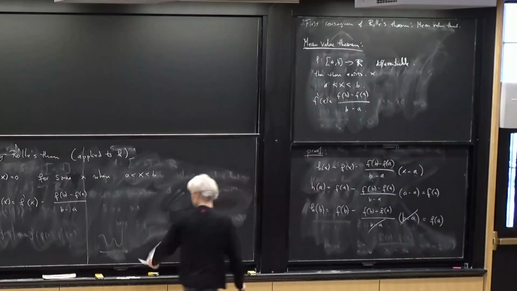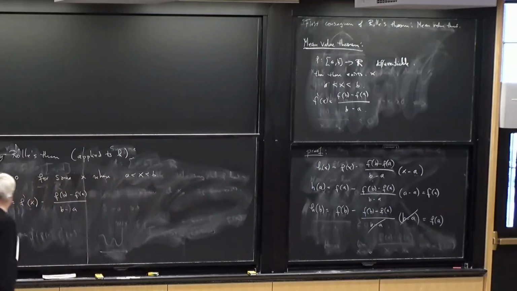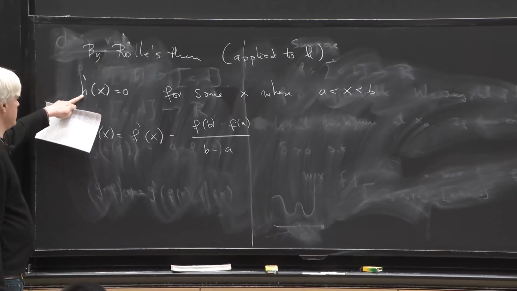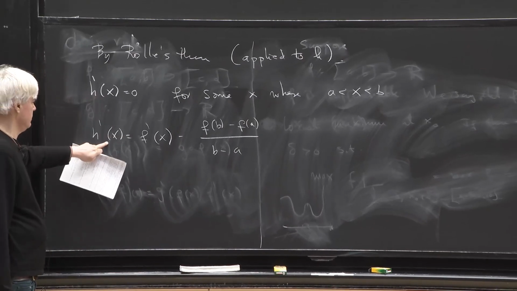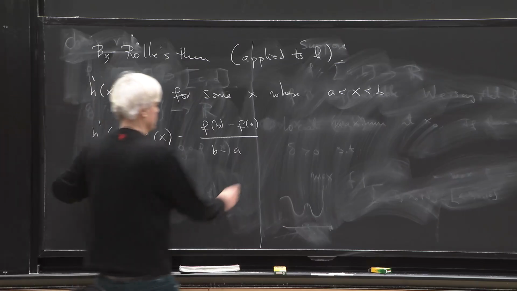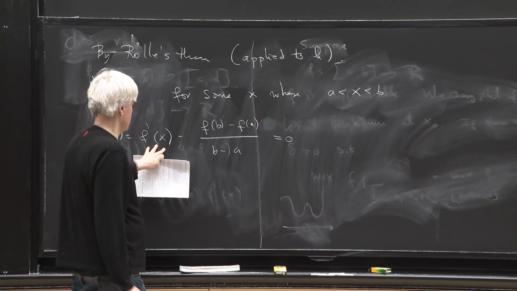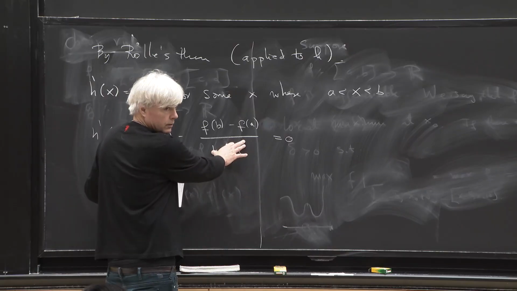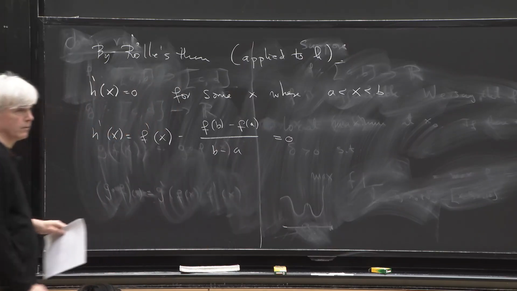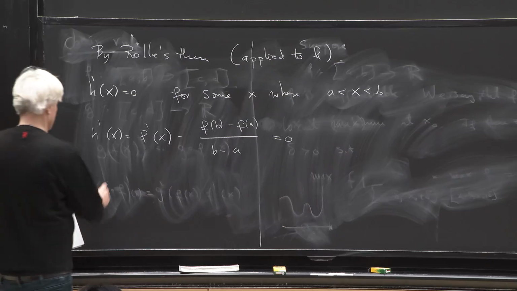So this here is what the derivative is. And so we have this x where the derivative is 0, so this here is 0. But if this is 0, it means that this thing here is equal to that, right? And so that was the mean value theorem. So this proved the mean value theorem.